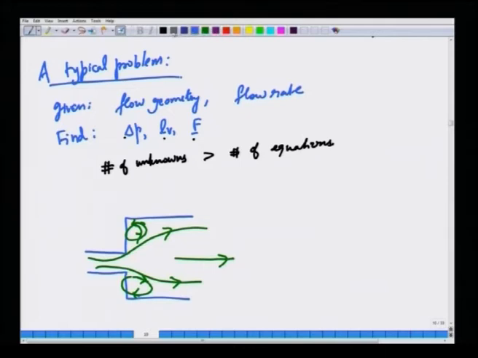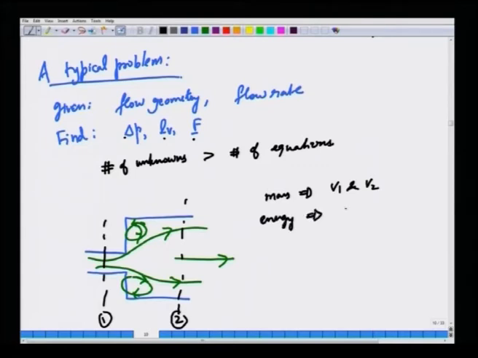Now, if you construct a CV like this, at point 1 and at point 2. Okay. The mass balance will simply relate V1 and V2. The energy equation has two unknowns, delta P and viscous loss.